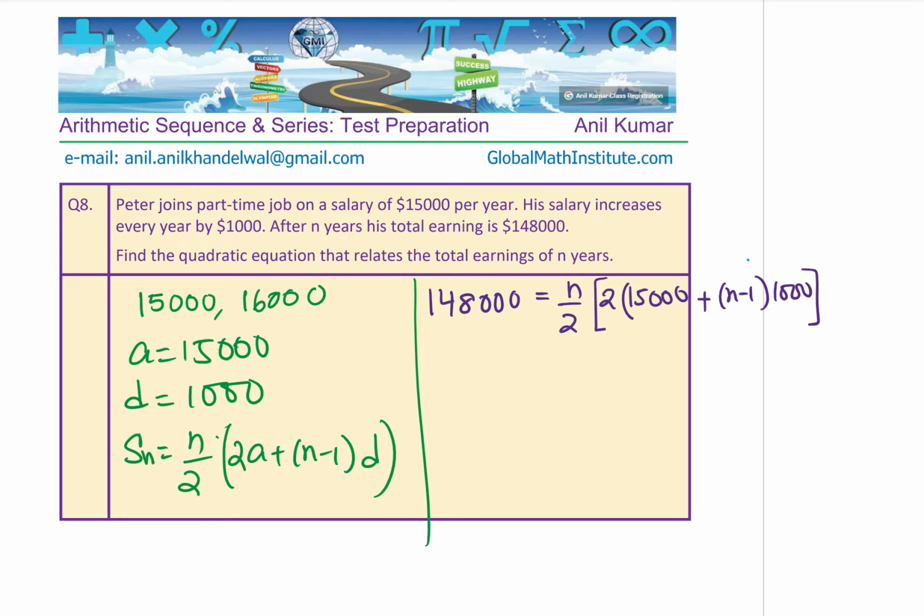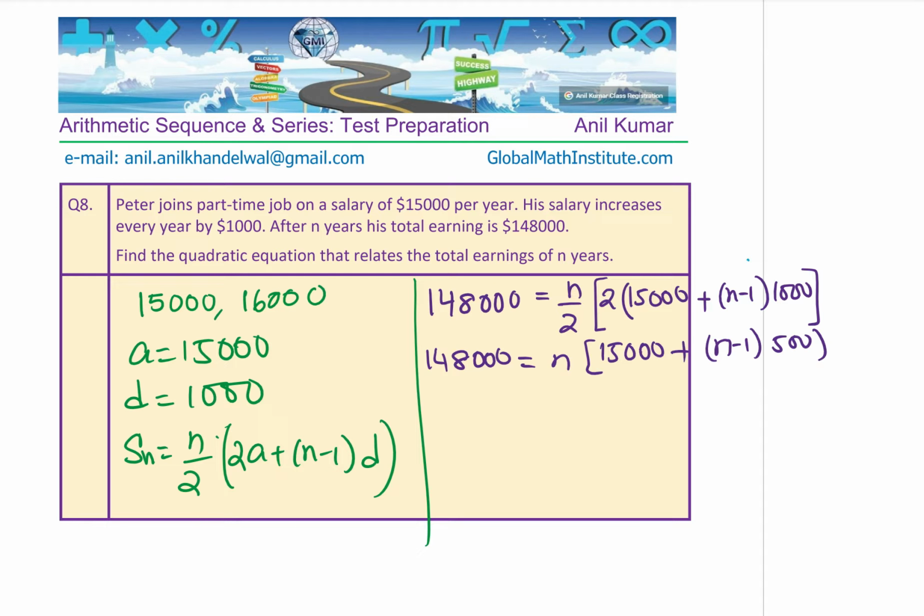So we do 148 times 2, and that gives you 296,000. Or you could divide the inside terms by 2. That is simpler, right? So we'll divide the inside terms. So we have 148,000 equals, dividing the inside terms, we get n times first term is 15,000 plus n minus 1 times 500.